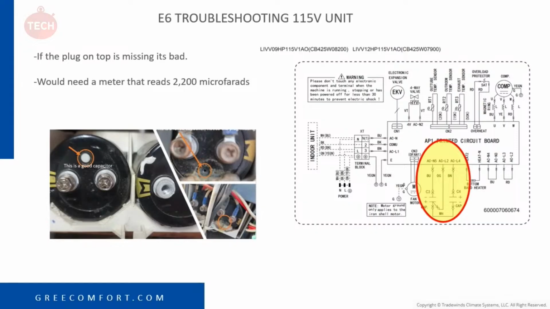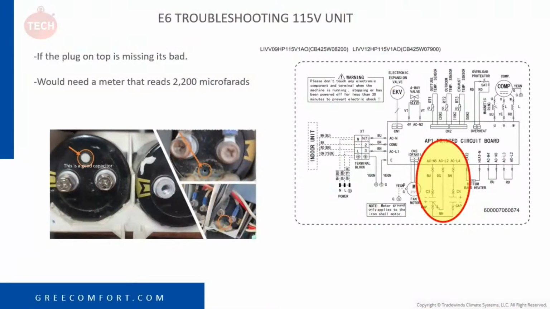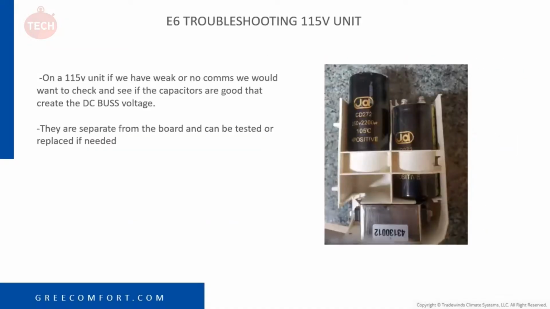If the cap is missing, like on the right side of that picture, you just see a little black hole. That's kind of what it looks like when it does blow. That's not the only way to tell if it's good. I obviously want to take the wires off and use your meter and check the microfarads on there. They should be somewhere right around 2200 microfarads. So if they're weak, that might be why you have a weak communication signal.